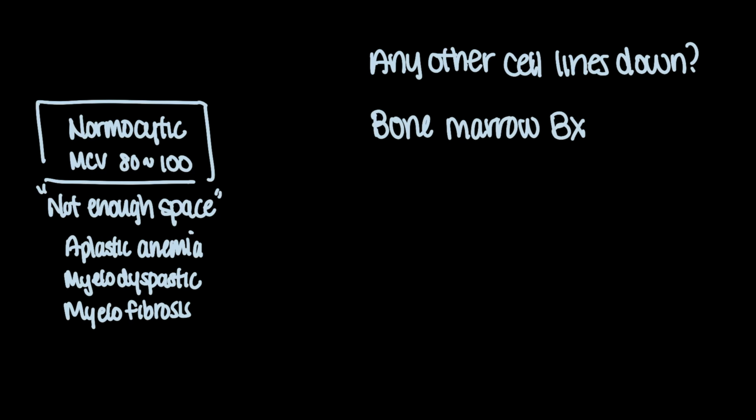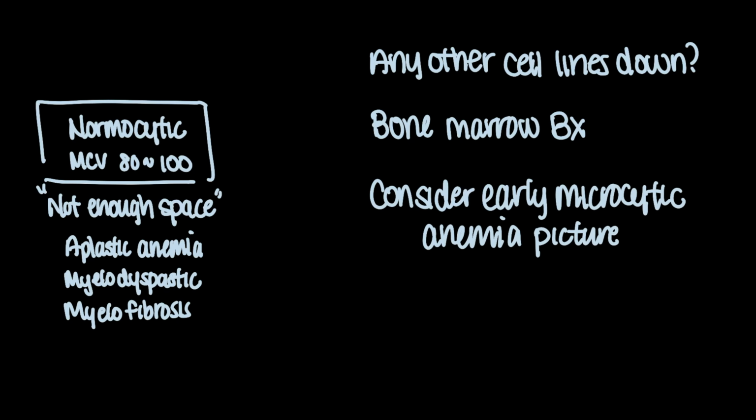And with normocytic anemias, it's important to note that you also want to consider the pathologies that can be categorized as microcytic anemia, because it may be normocytic right now, but it may be on the way to becoming microcytic, and you might have caught an early phase of a microcytic anemia pathology.